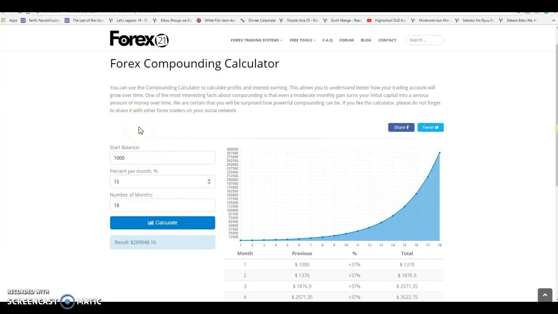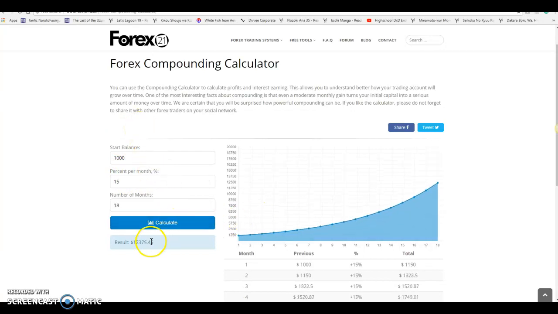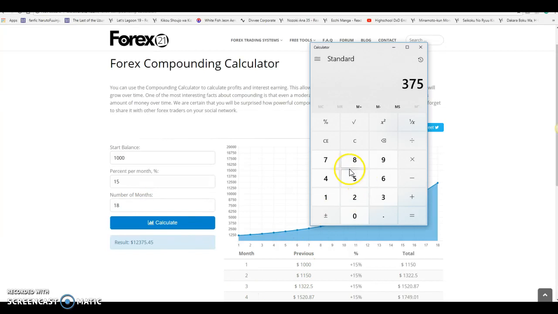Or if it grew by 15% over 18 months, you're sitting at $12,000. If you pay $30 a month times 18 months, you pay $540, and you made over $11,000 basically.